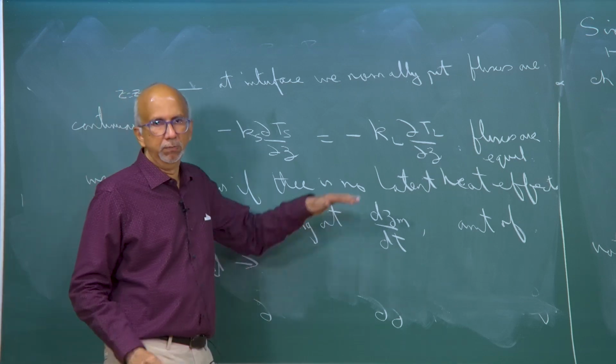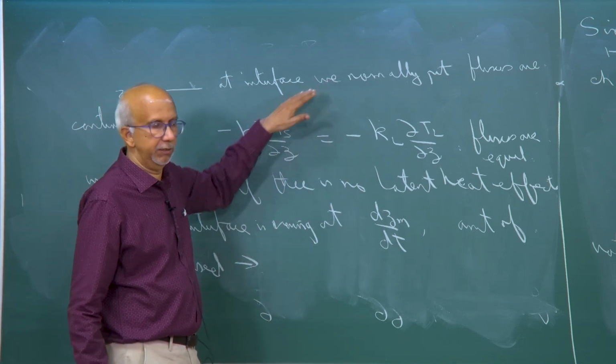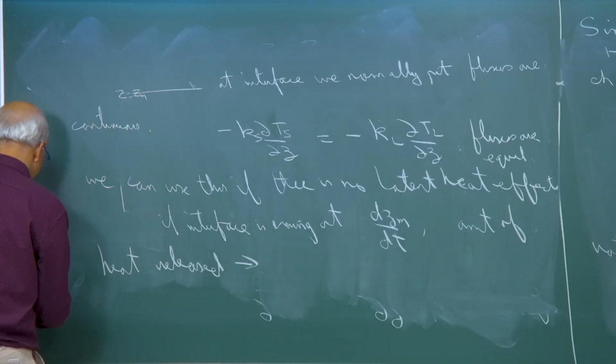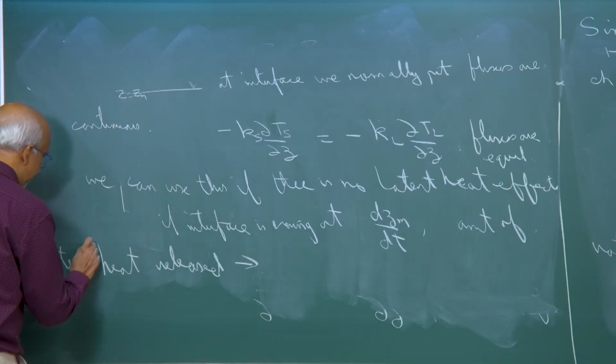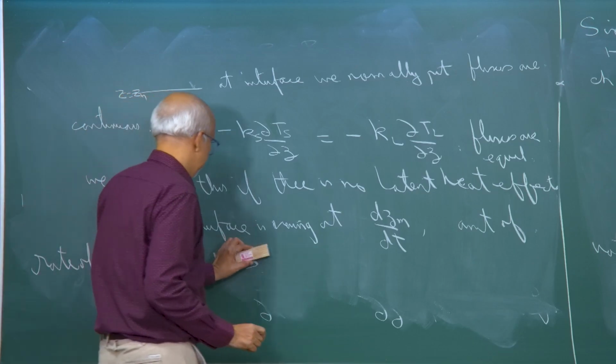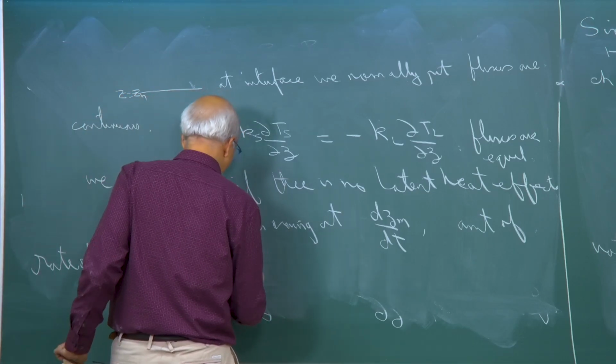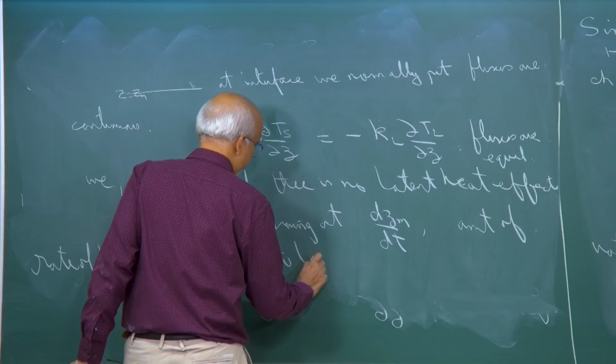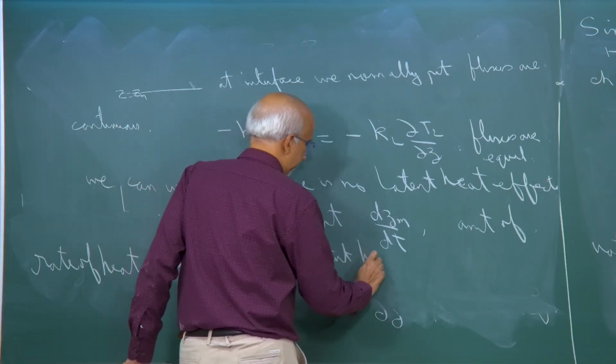What is the volume dz by dt, not amount, rate of heat released due to the latent heat.